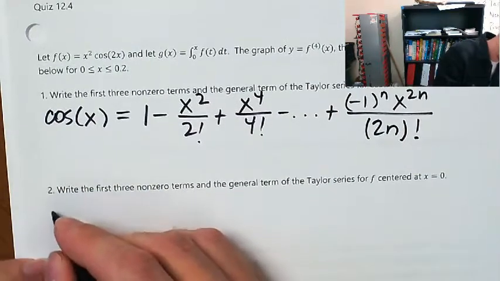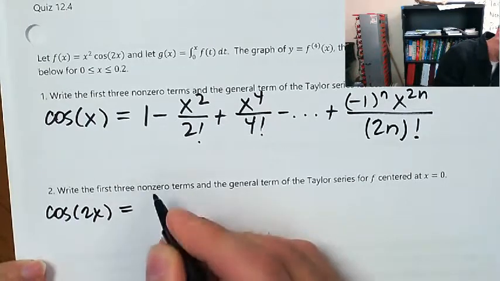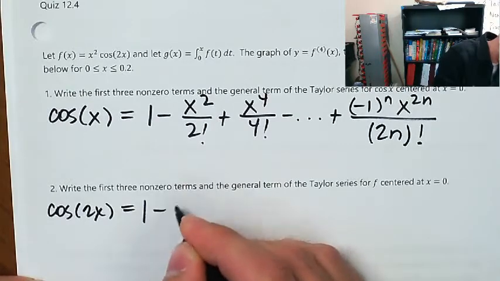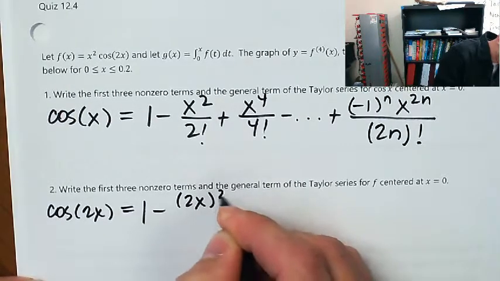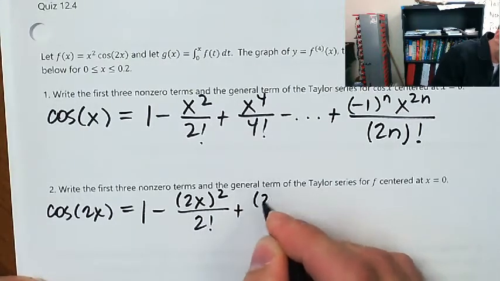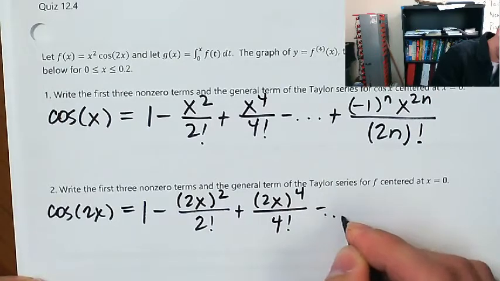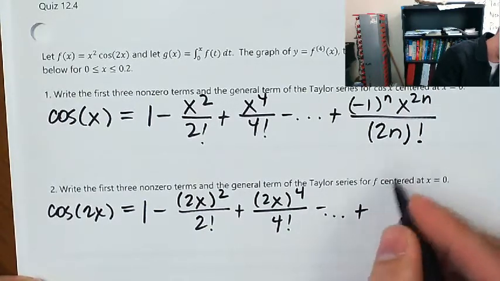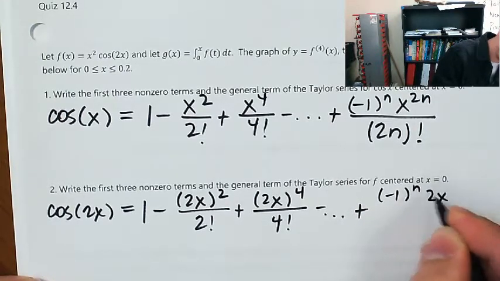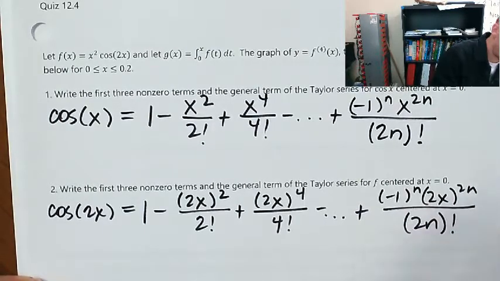So cosine of 2x equals, wherever I see x, I'm replacing it with 2x: 1 minus 2x squared divided by 2 factorial plus 2x to the 4th divided by 4 factorial. And the general term is negative 1 to the n, 2x to the 2n divided by 2n factorial.